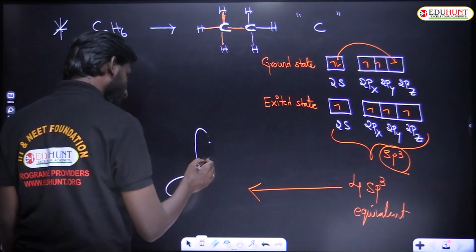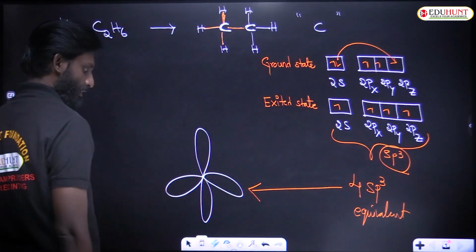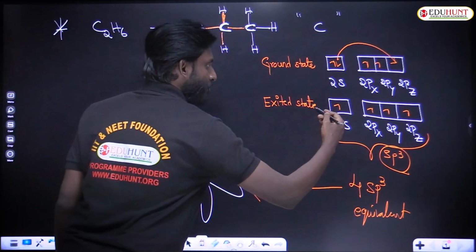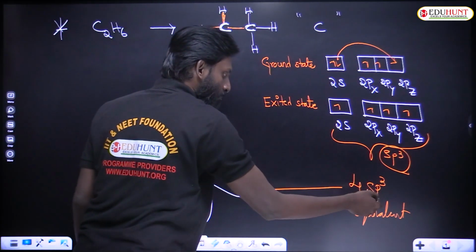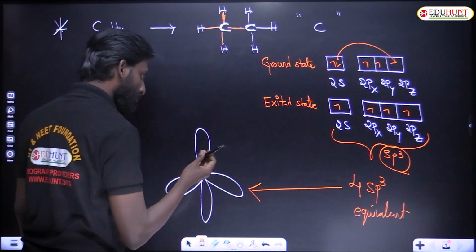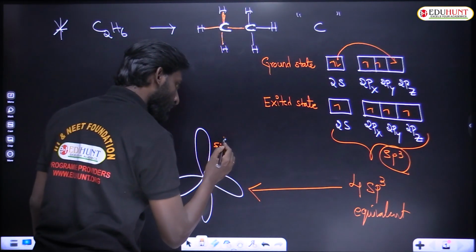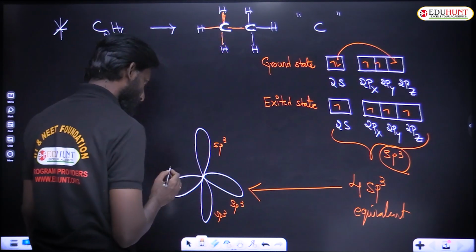One sp3, another sp3, another sp3, one more sp3. So these 4 atomic orbitals intermixed to give 4 hybrid orbitals, and all these are the same in all respects.